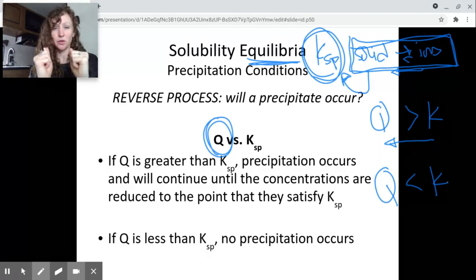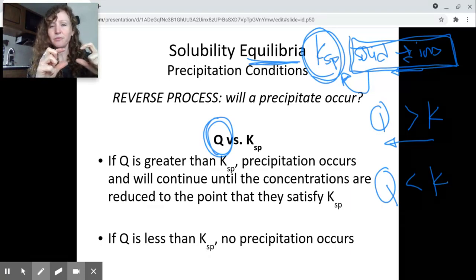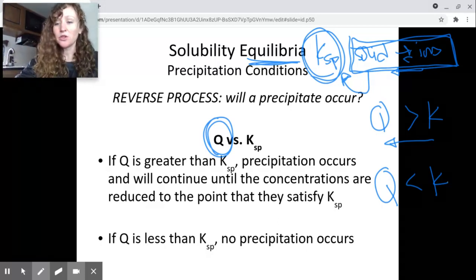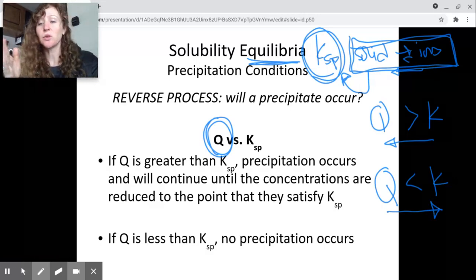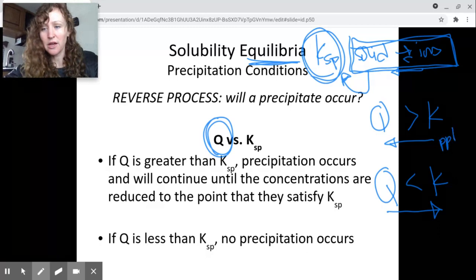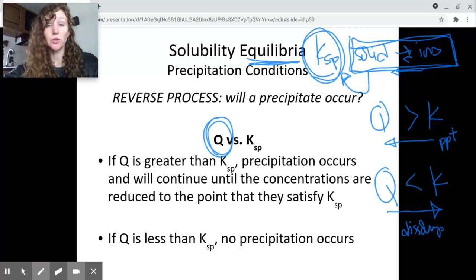And as we build those ion concentrations up, then our products multiplied together, our ion concentrations, will increase and we will hit equilibrium. So that would be describing dissolving. So if Q is greater than K, precipitation is going to occur. If Q is less than K, dissolving is going to occur.